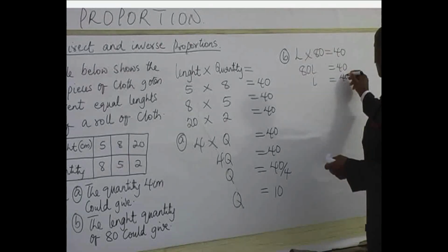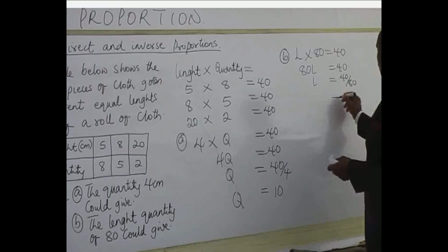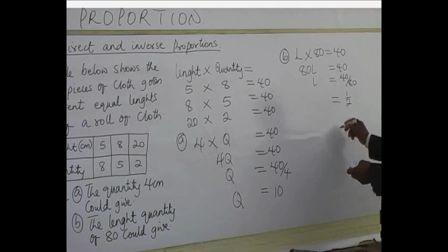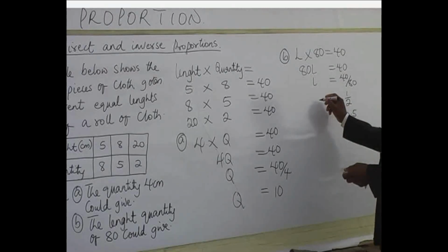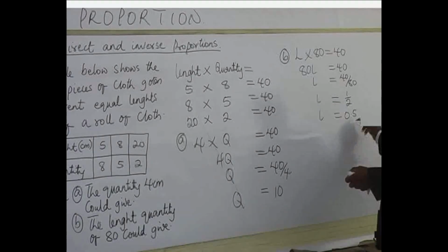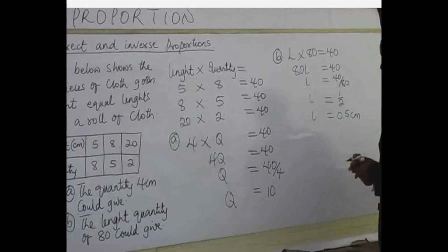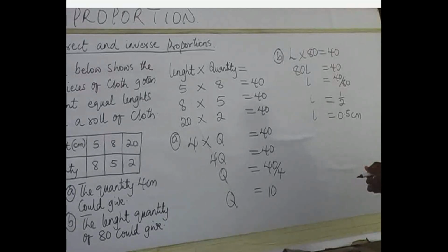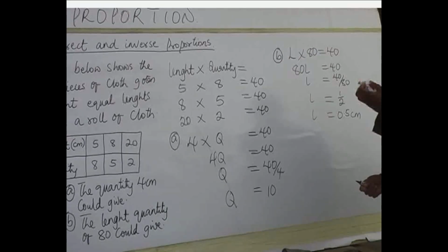You're going to have 40 divided by 80, and 40 divided by 80 gives you half, which is 0.5. That is the value of your length, and this is going to be in cm. As it is now, we have come to the end of that question.